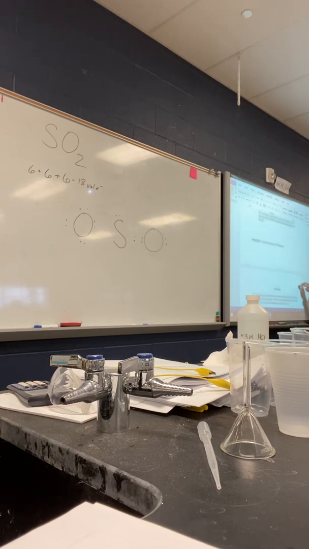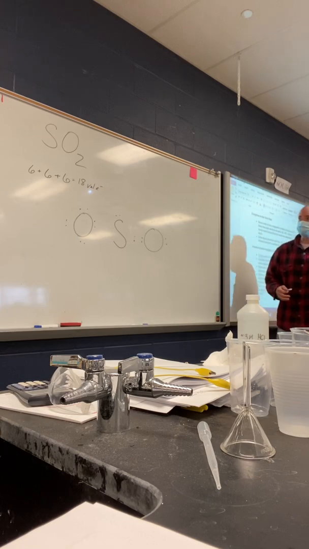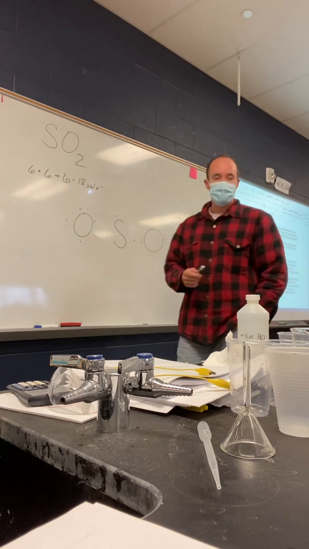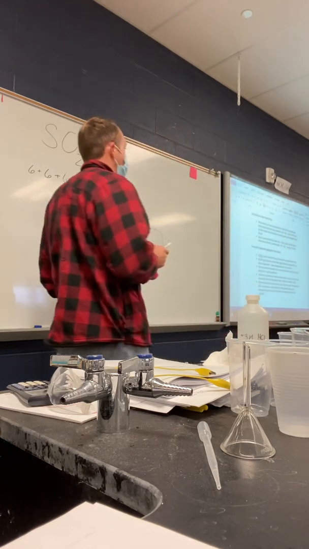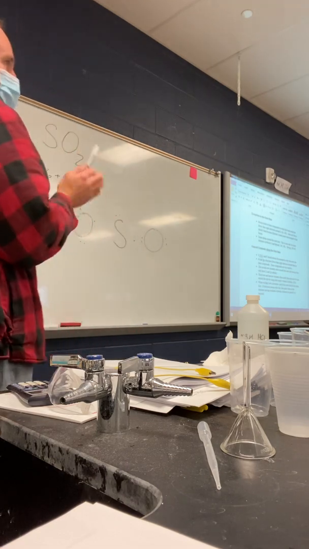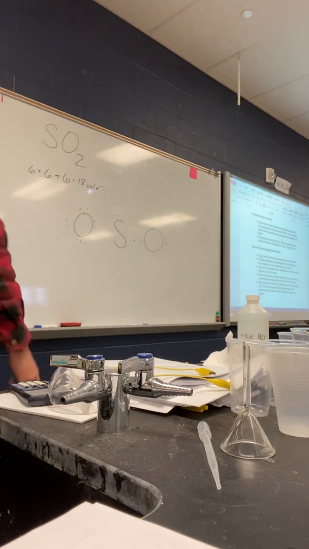Where's my exceptions to the rules? There we go. Okay. When you look at this, right now it looks like your SO2 is absolutely correct. But this is why you should always look at the octet rule exceptions.